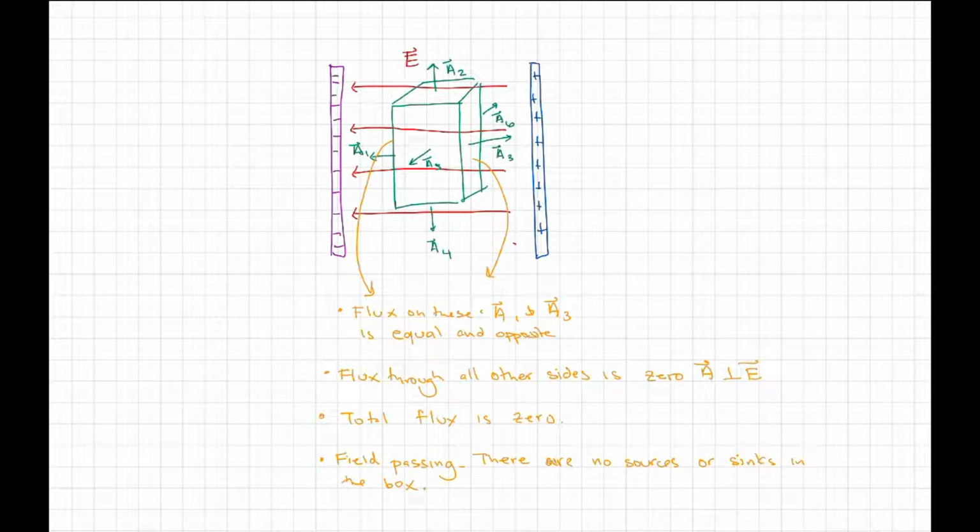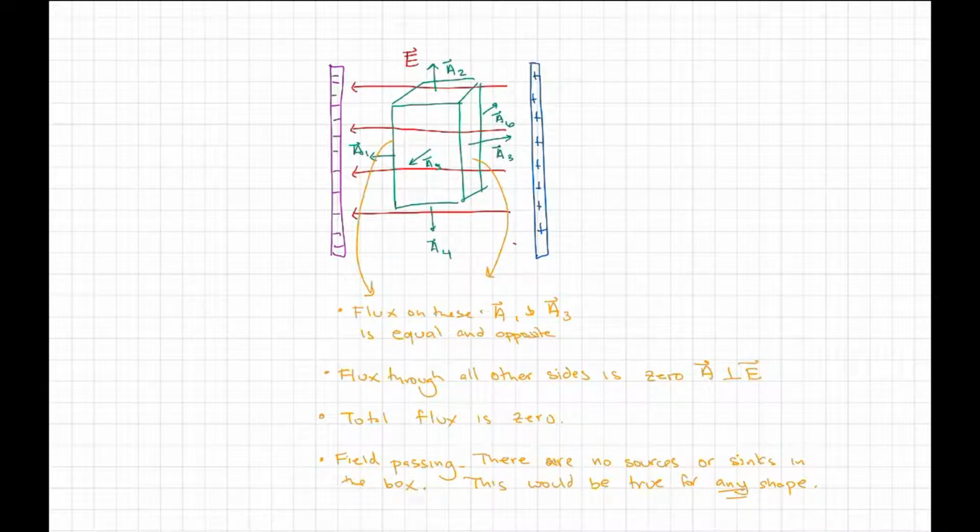And even though I made a box here to make this problem easier, this would be true for any shape. Any closed surface I put in between these two capacitor plates.